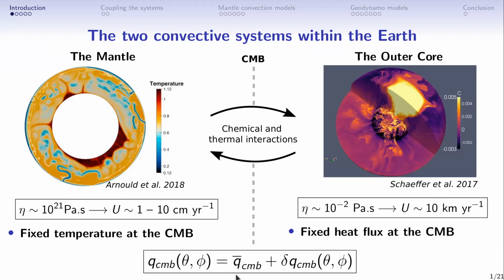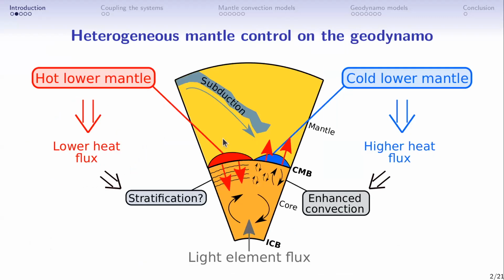Mantle convection controls both the average value of this heat flux and the spatial distribution of the heat flux. This CMB heat flux is expected to be heterogeneous, with hotter regions in the lower mantle typically below large low velocity provinces, and colder regions typically below subducting slabs.